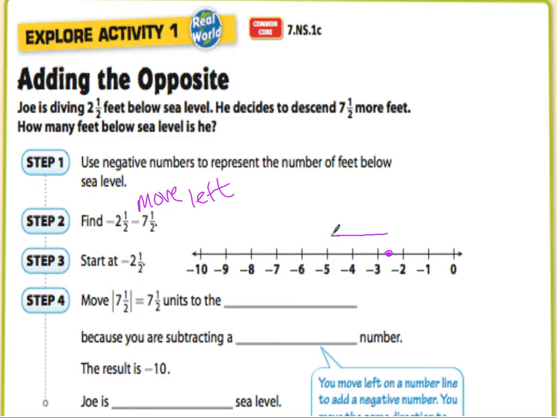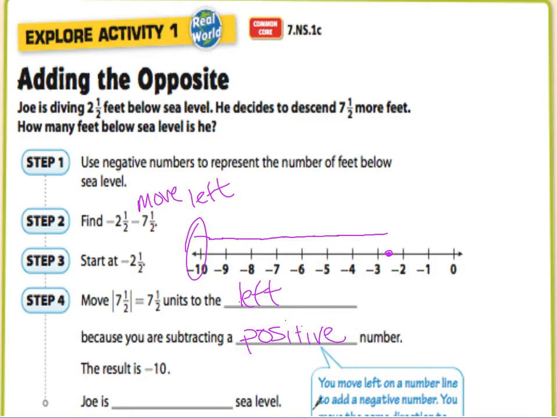So 1, 2, 3, 4, 5, 6, 7. Okay, and then 1/2, so I would end up at negative 10. Okay, so it's telling me to move to the left. Okay, and it's because you're subtracting a positive number.